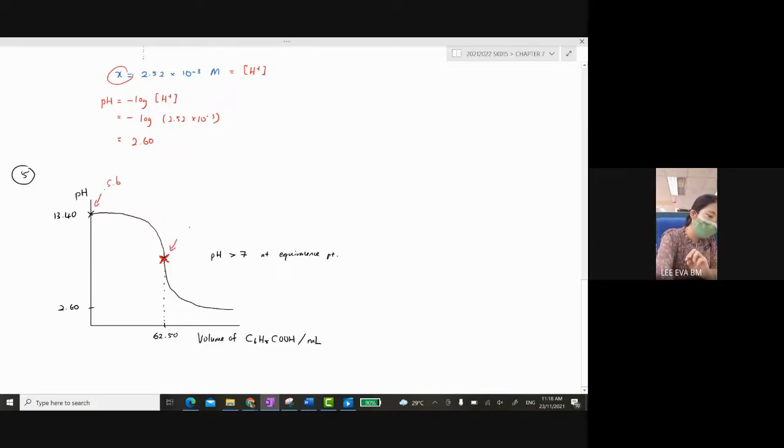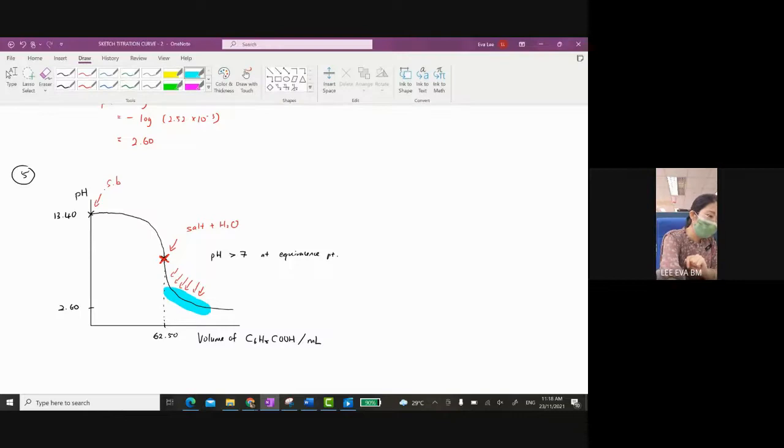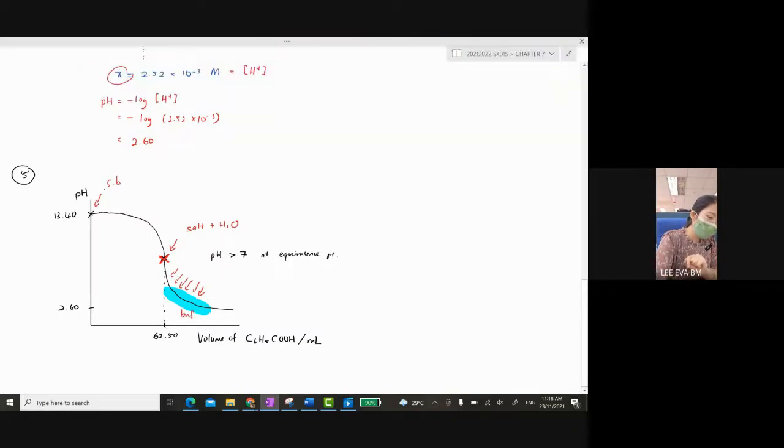When I continue adding the titrant, the remaining solution inside the conical flask now contains salt, water, and titrant. The titrant now is weak acid. Therefore, we can indicate that the region after the equivalence point is the buffer region.